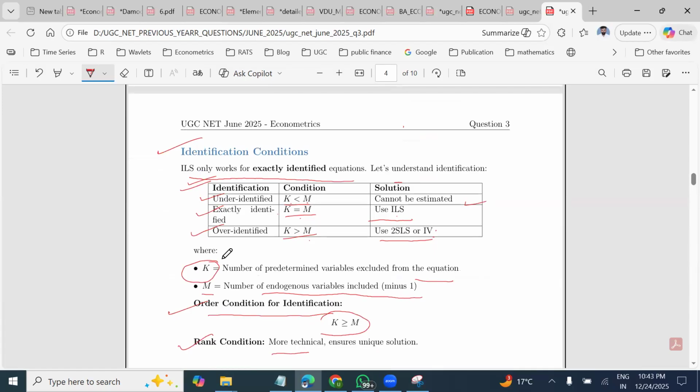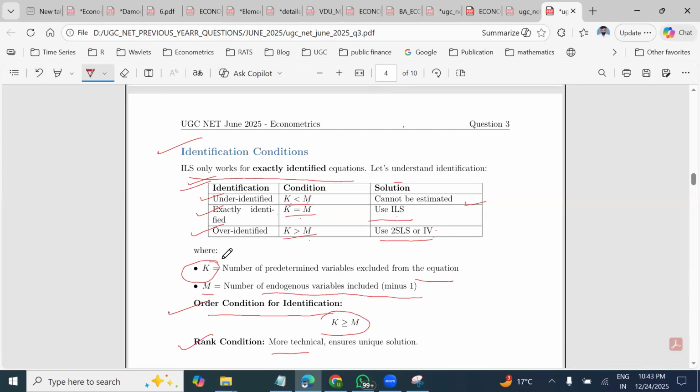Let me think how we can simplify further, but at least these three conditions you can remember, along with the different methods of estimating besides OLS. It will let you answer some questions from this section, right Sangeeta?